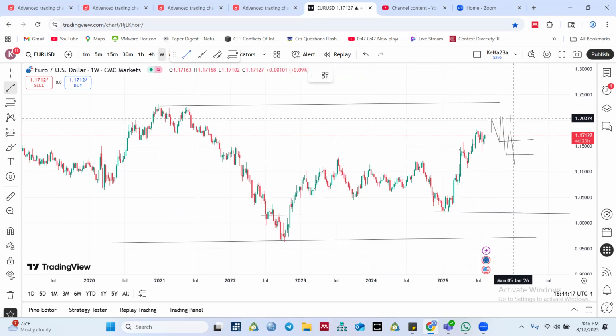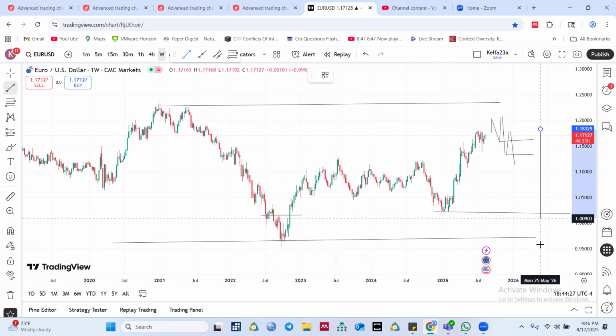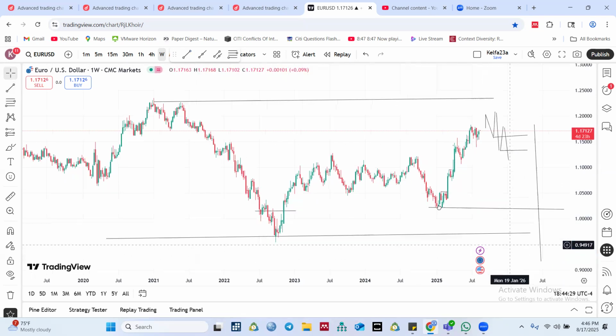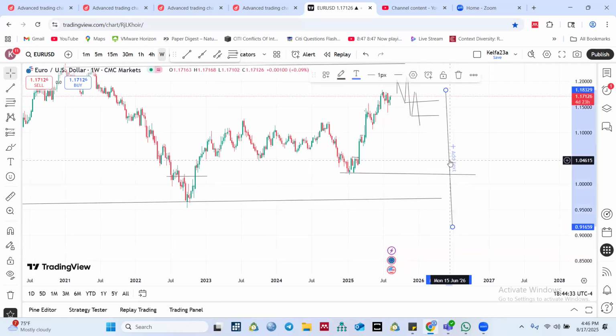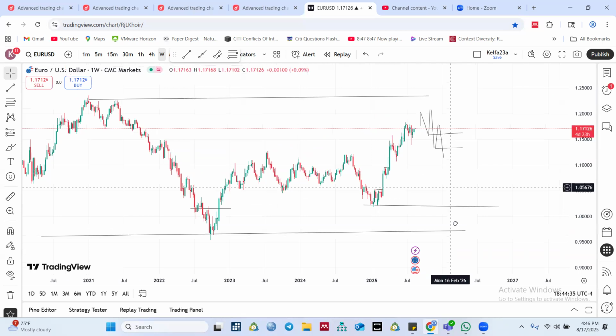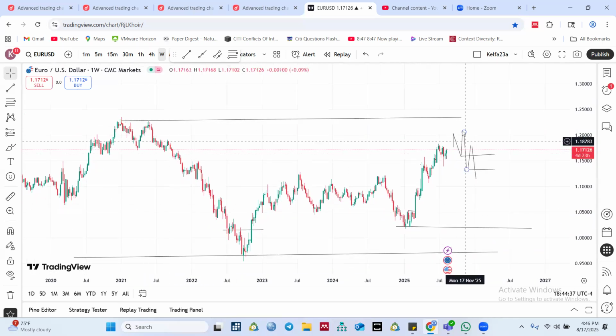We target sweeping all internal liquidities, including this, and target the external low, this low. Our aim is to make a new low so that the market will continue the bearish movement. That will be our aim. Okay, all should happen around this area.